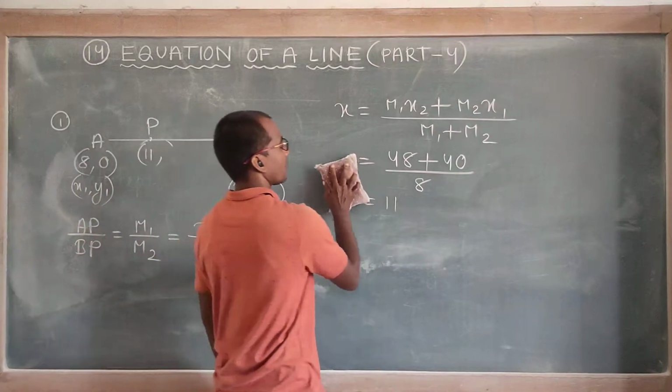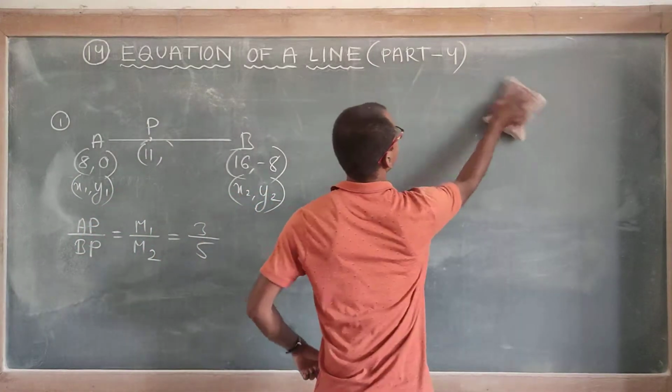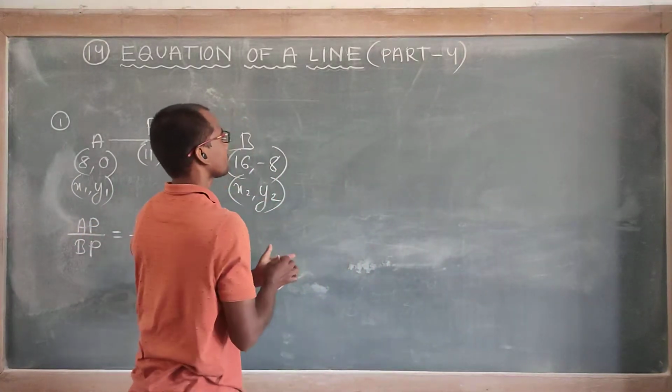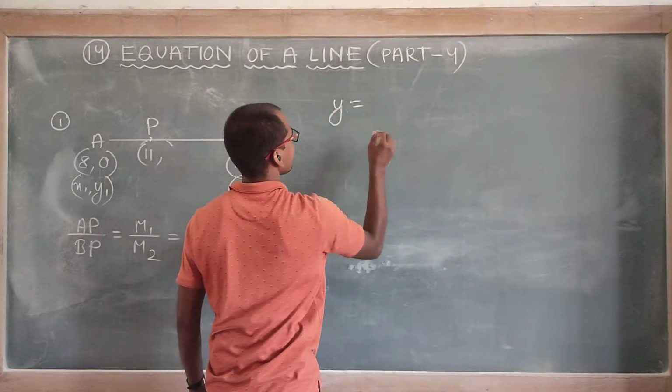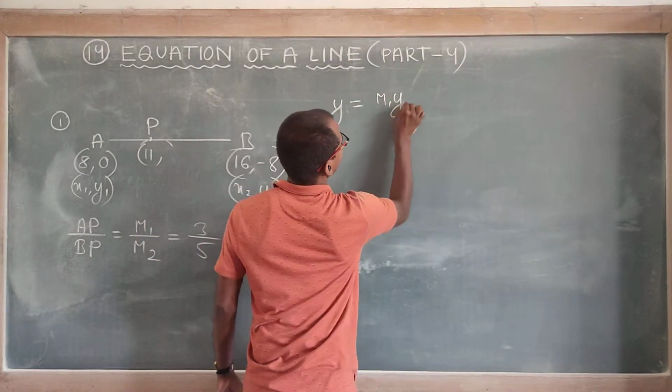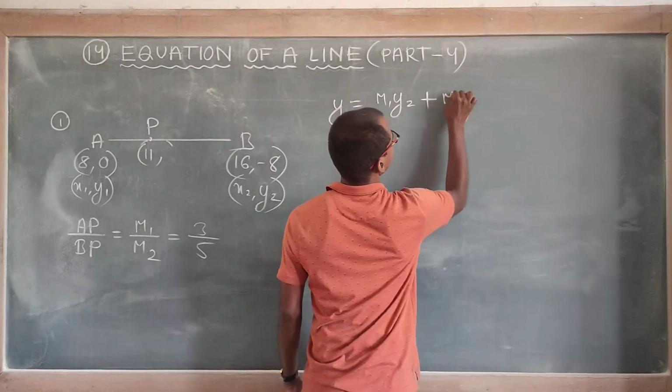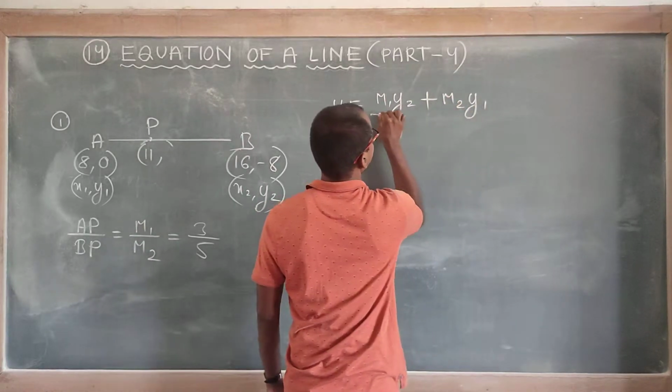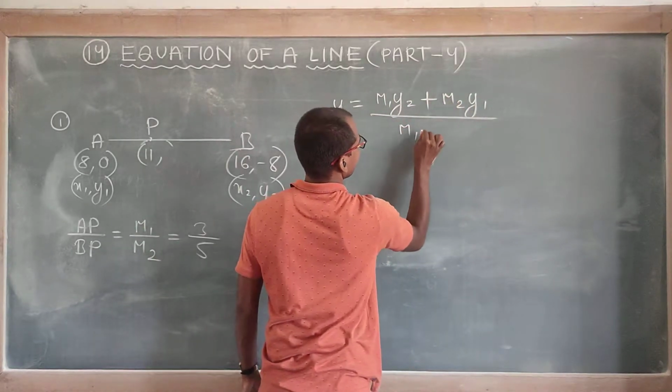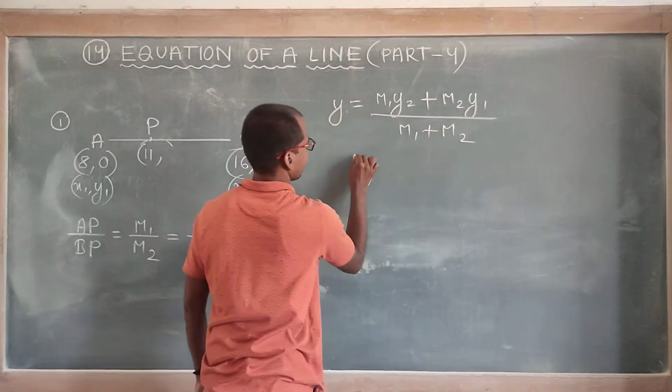Now let us go for the y coordinate. y is equal to (m1 y2 plus m2 y1) by (m1 plus m2).